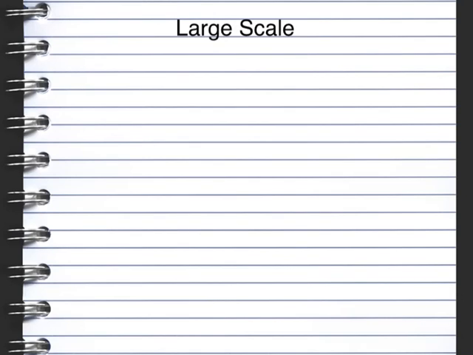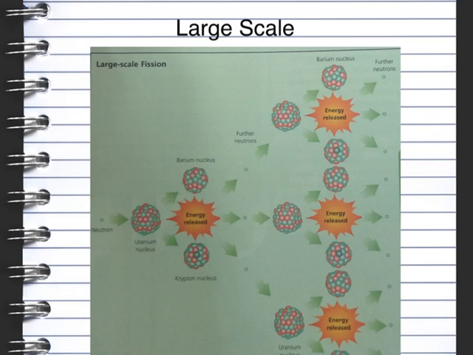What happens is, as we've seen earlier on in the smaller scale, we have a neutron that fires into a uranium nuclei. That uranium nuclei splits to form a barium and a krypton nuclei, and this causes three further neutrons to be released. Now this neutron hits another uranium, forming another barium and krypton nuclei, and we get again even more.